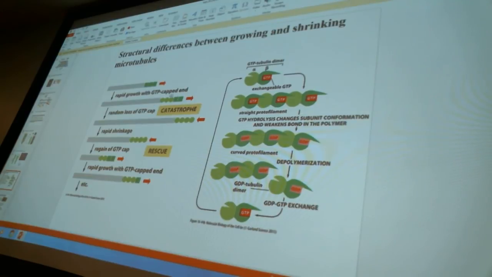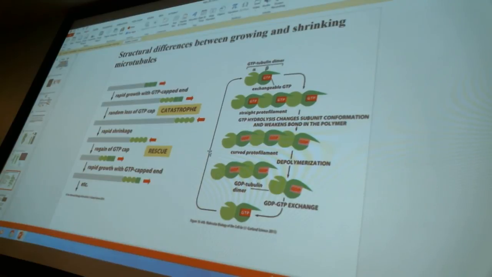And this catastrophe happens due to a change in topology of the overall fiber. As the hydrolysis takes place, there is a curvature. The fiber becomes a little bit topologically distorted, so it's not able to maintain a very nice straight line. And as the curvature grows stronger and stronger, at some point there is a collapse, and tubulins basically disassemble.